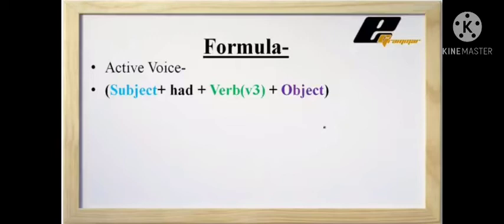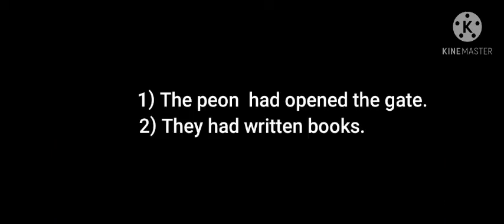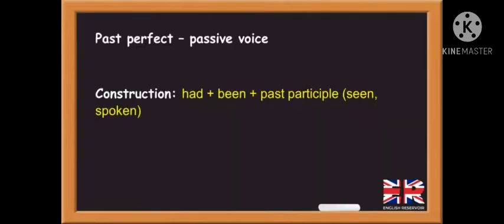The auxiliary verb or the helping verb will be the same whether the subject is singular or plural. For examples, the peon had opened the gate. They had written books.